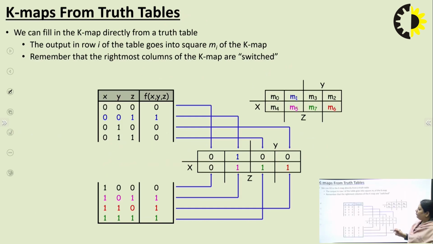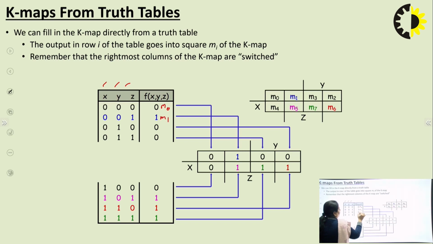Now, K-map from truth tables. How can we map a K-map from a truth table? It's just simple. See, this is a truth table of 3 variables x, y, z, and this is the K-map. These are the minterms M0, M1, M2, M3, M4, M5, M6, M7. Now, from the function, we can get that.